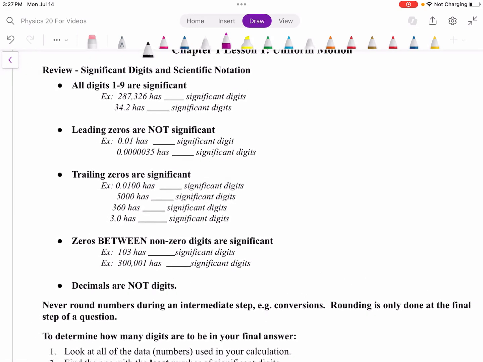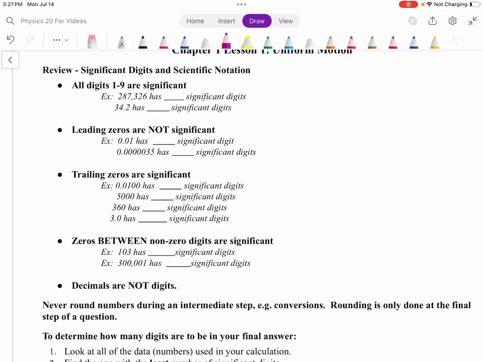So all digits 1 to 9 are considered significant. They matter. So for example, if it's a number that's not a 0, we don't even have to think about it. Like this one, we've got 287,326. This has, count with me, 1, 2, 3, 4, 5, 6 significant digits.